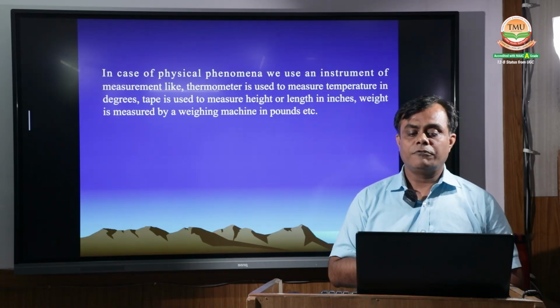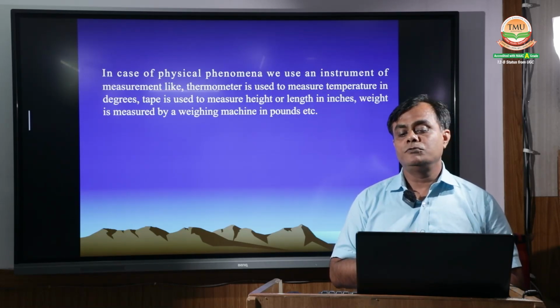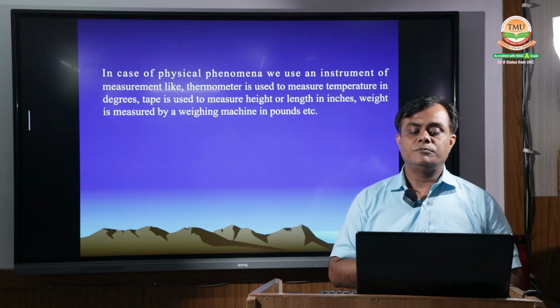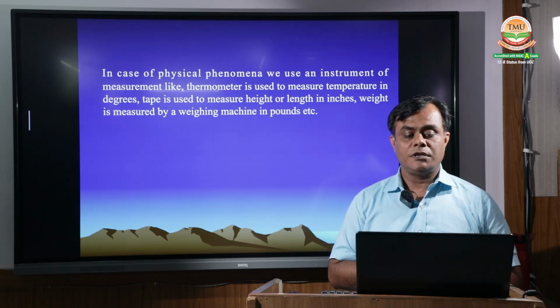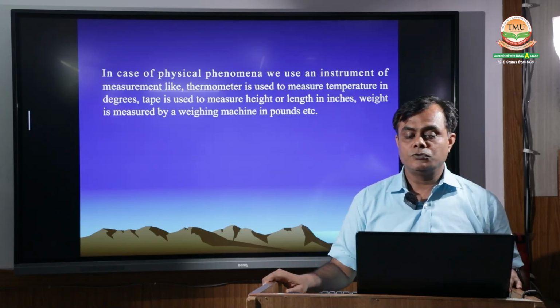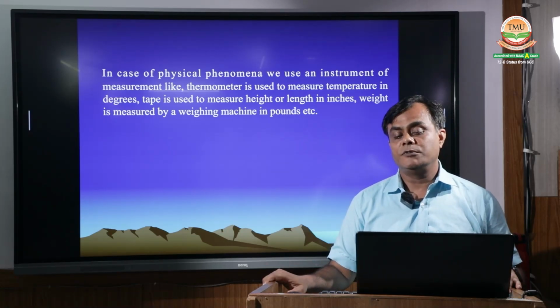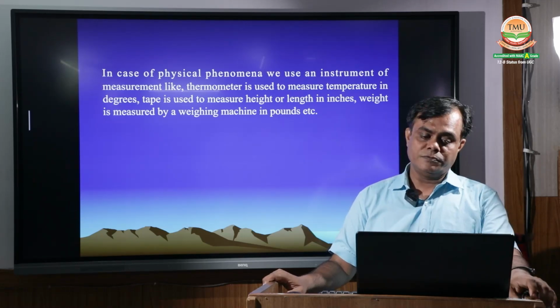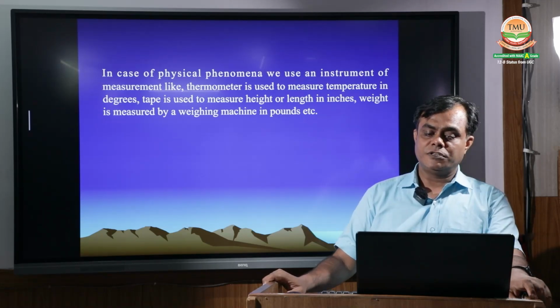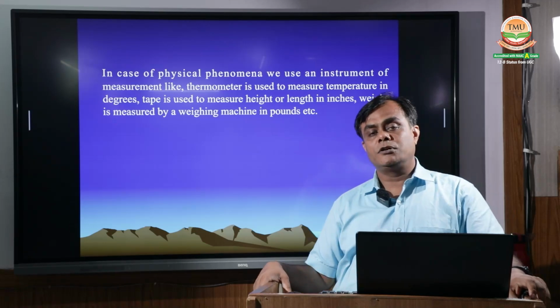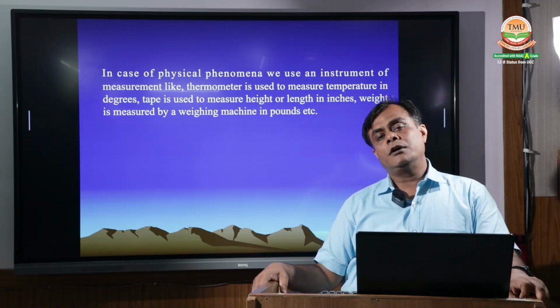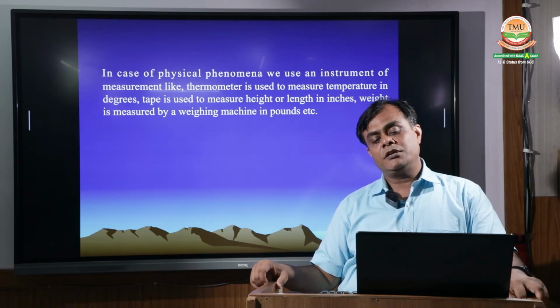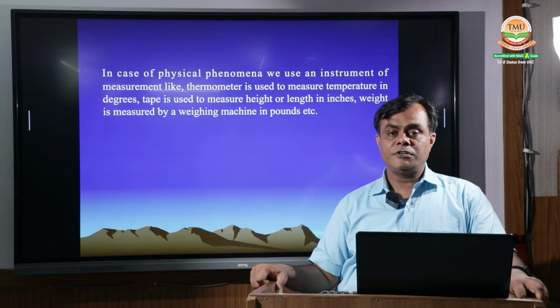In the case of physical phenomena, we use measurement instruments, like the thermometer, which is used to measure temperature in degrees. A tape is used to measure height and length in inches, or weight is measured by the weighing machine in pounds or kg or grams. So when you are measuring in a physical format, there are different instruments.